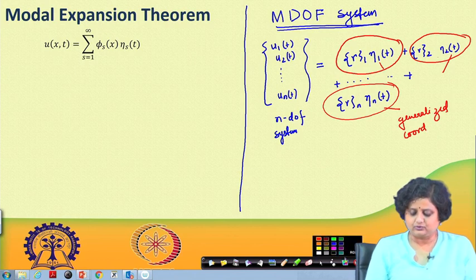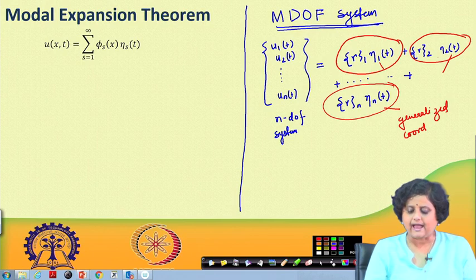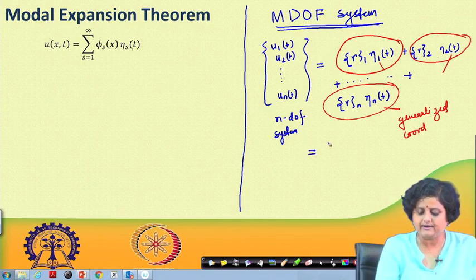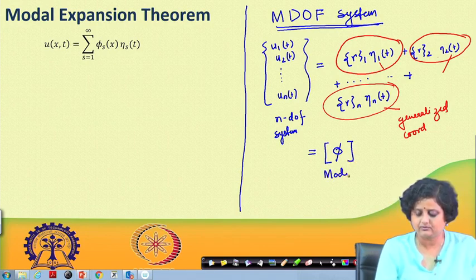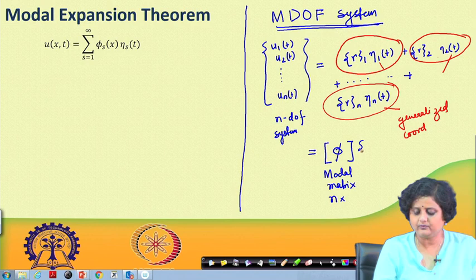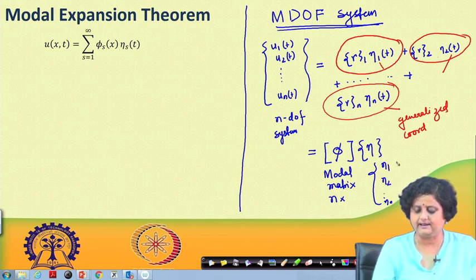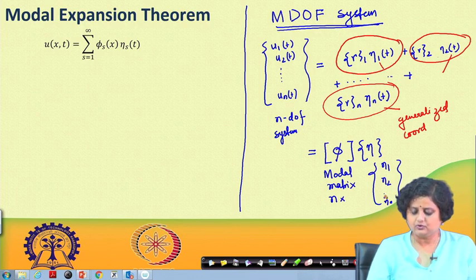Now, this whole equation is called modal expansion theorem, and this actually could be written in matrix form as phi, which is the modal matrix, which is n cross n, into eta, where eta is the vector containing eta 1, eta 2 and so on till eta n, right.